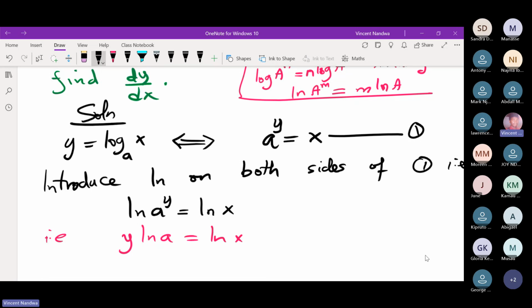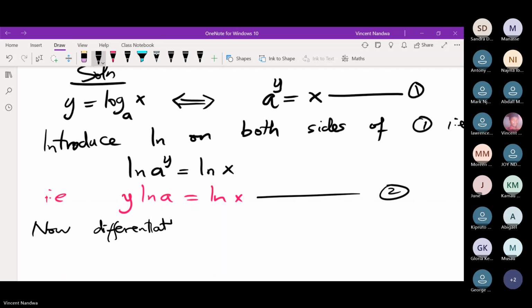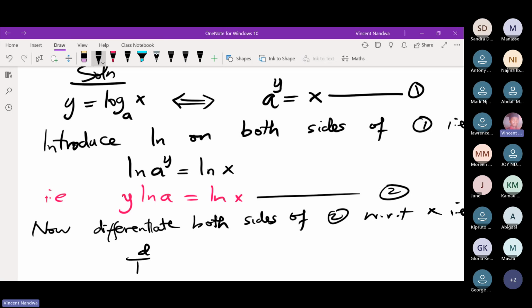So the next, call this 2. Now differentiate both sides of 2 with respect to x, i.e. d dx of y ln of a equals d dx of ln of x.